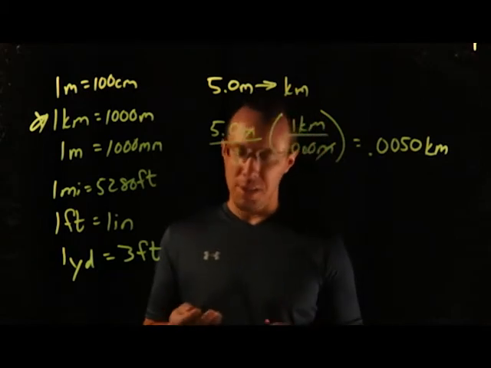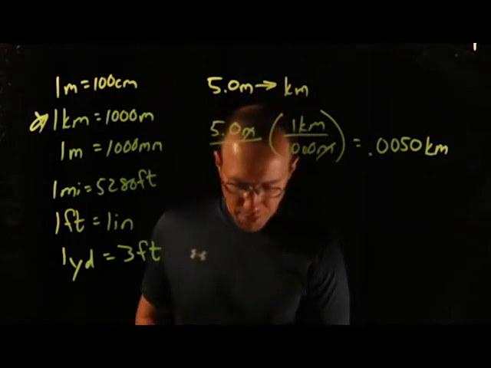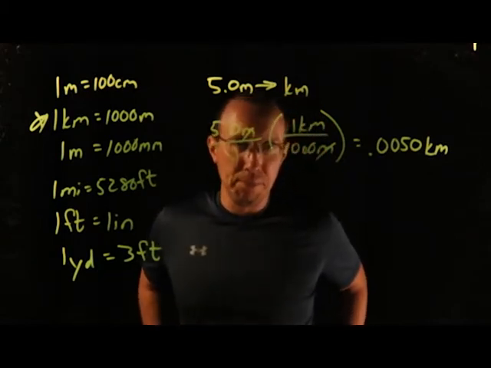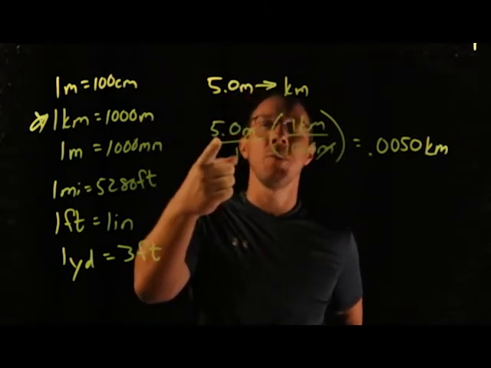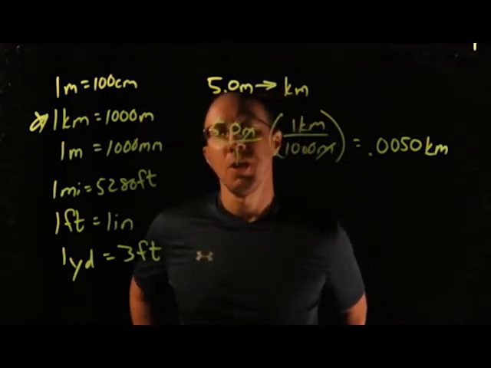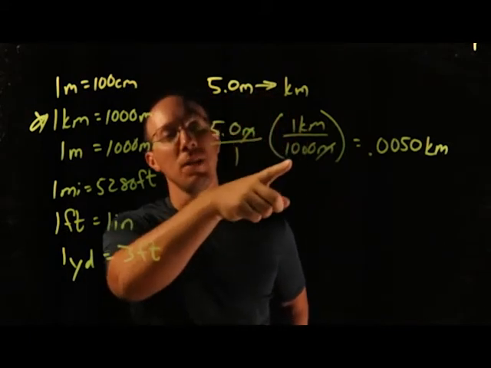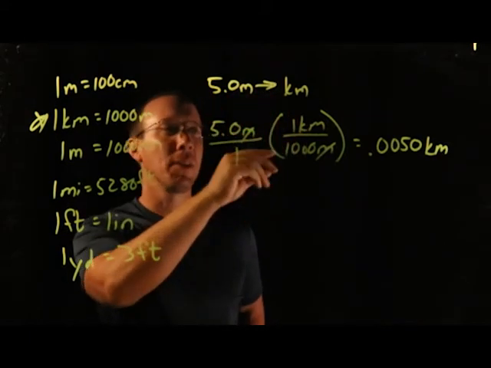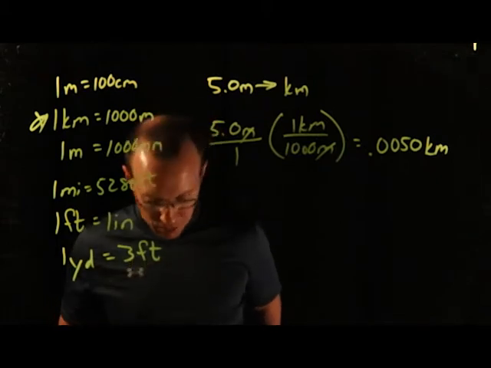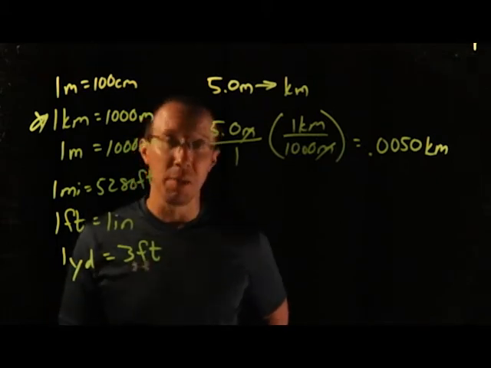The one thing I want to say is, whenever we look at significant figures, we always go with what's in the original. So this has 2, this has 2. Why is that? Why don't we look at the conversion factor? Reason is, it's an exact number.